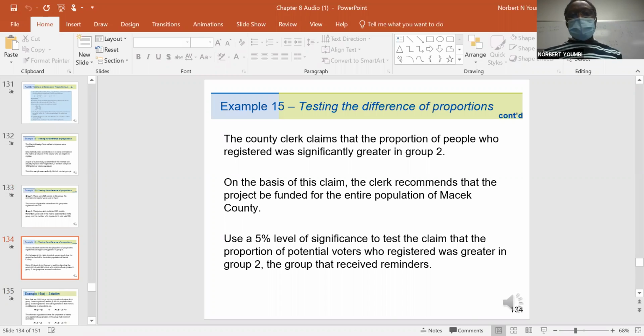The county clerk claims that the proportion of people who registered was significantly greater in group 2. On the basis of this claim, the clerk recommended that the project be funded for the entire population of Macha County. Use a 5% level of significance to test the claim that the proportion of potential voters who registered was greater in group 2, the group that received reminders.